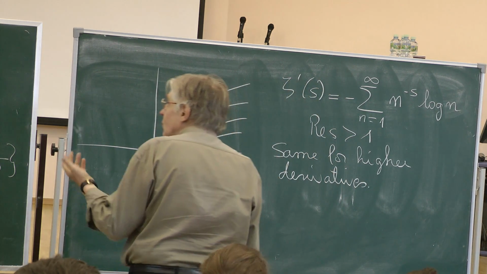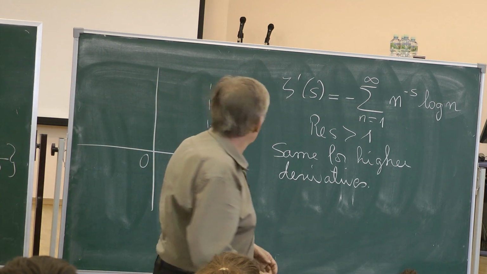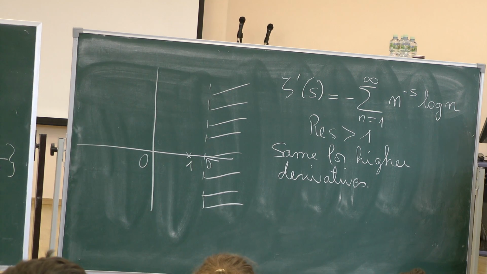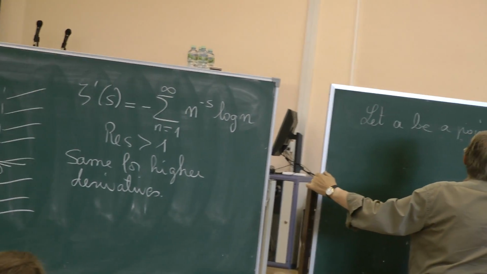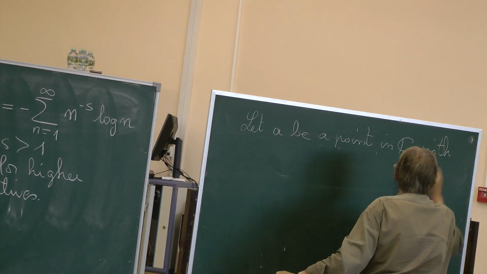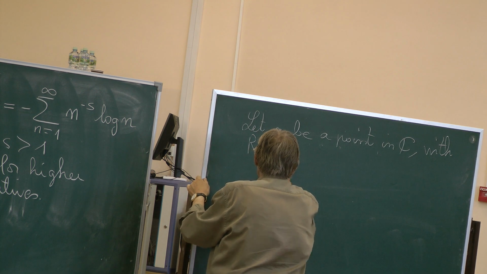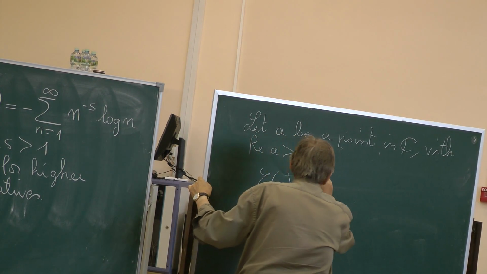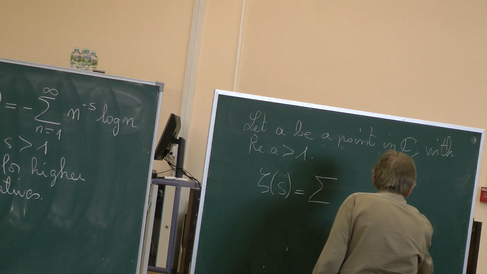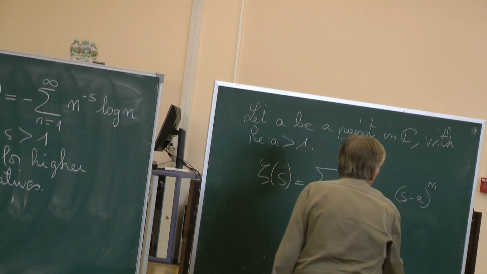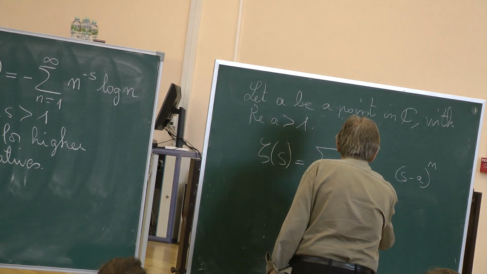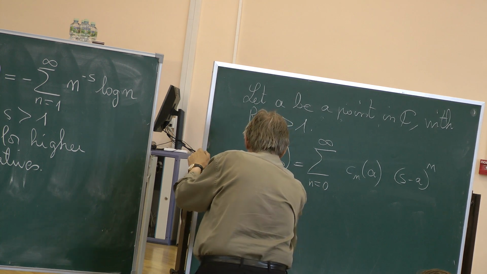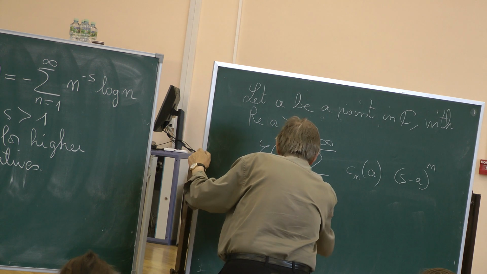Therefore, if we want to expand the Riemann zeta function in power series near a point a, let a be a point in C with real part of a larger than 1, then I would like to have an expansion in power series: the sum of s minus a to the power n times some coefficient, which we call for the moment C_n of a, for n going from 0 to infinity, when s is near a.